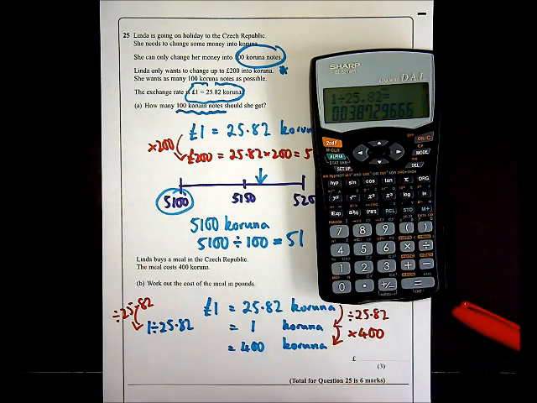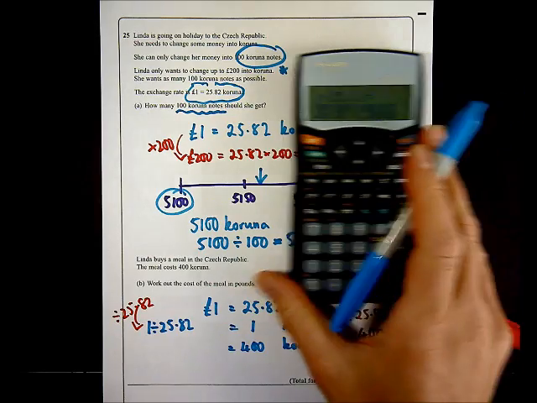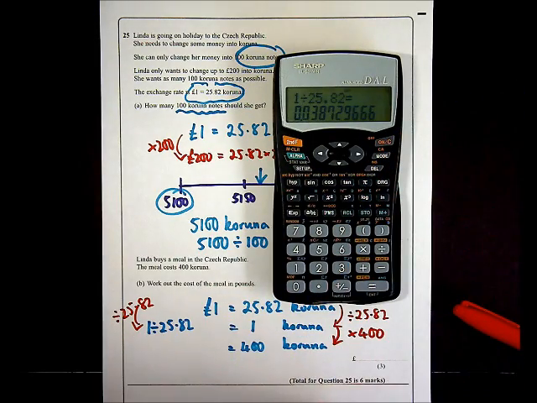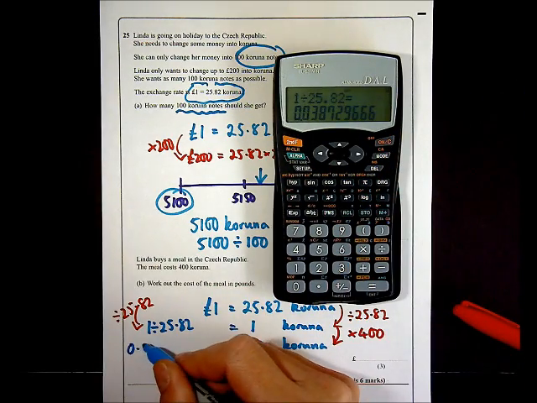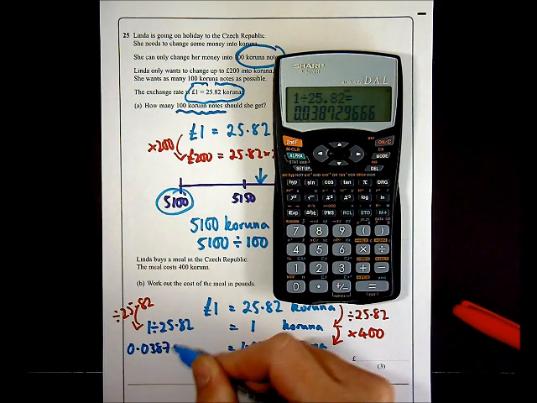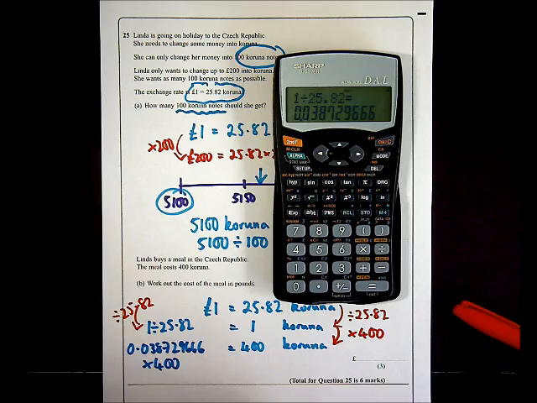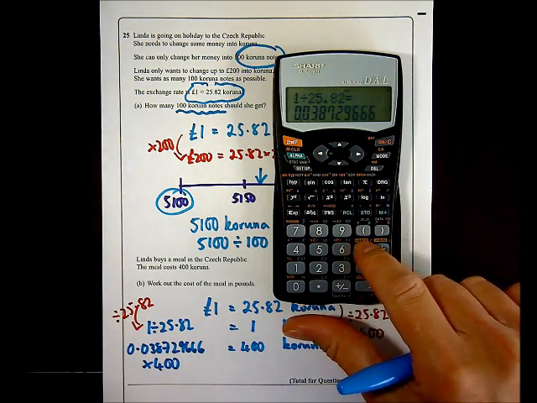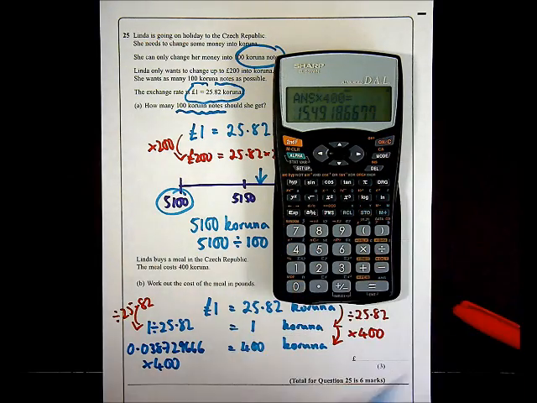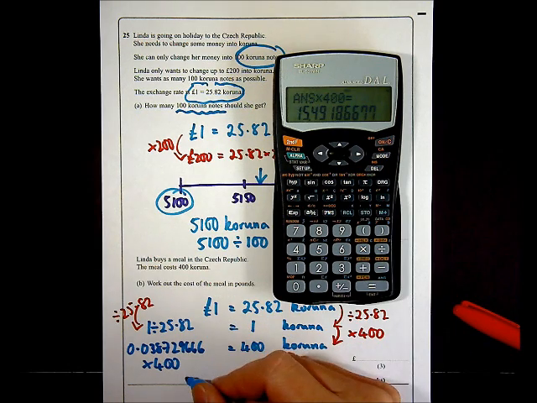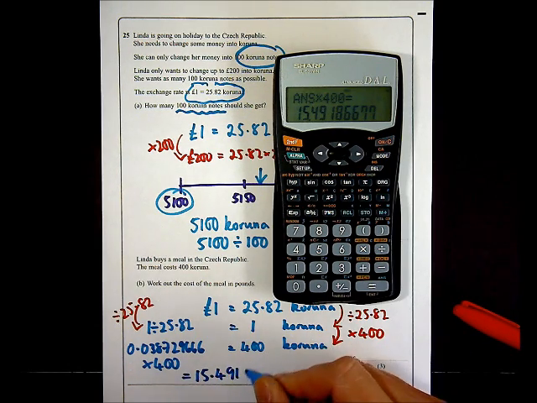So I'm going to take this answer here, which I've got stored on my calculator, and I'm going to multiply it by 400. So I'm going to be doing 0.038729666 multiplied by 400. And my calculator has got the answer, so I can just type times 400, and I get 15.49186677.